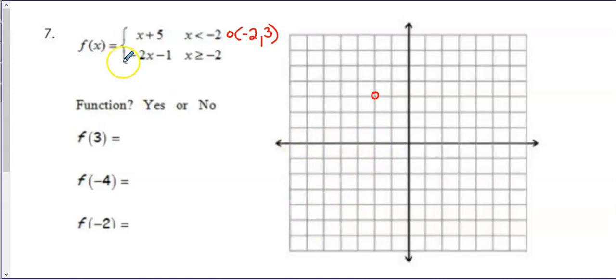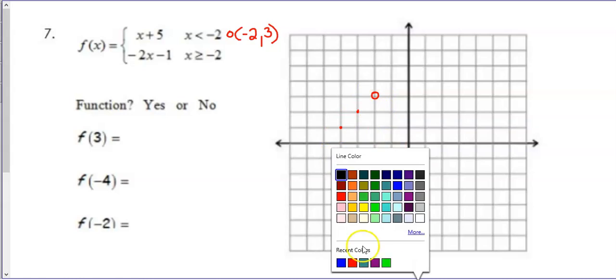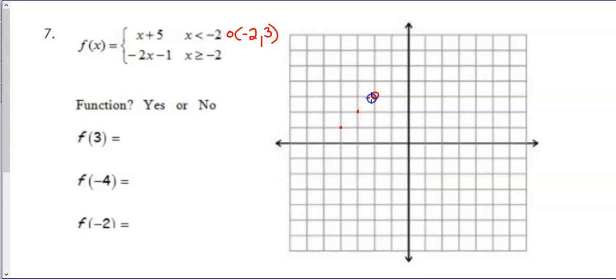If I pick -3, -3 plus 5 is +2. Right, here's another point. -4 would be 1. I also could have just gone 1, 1, 1, 1 like that, and that would have worked too. So this graph goes from here this way, and we got an arrow at the end.